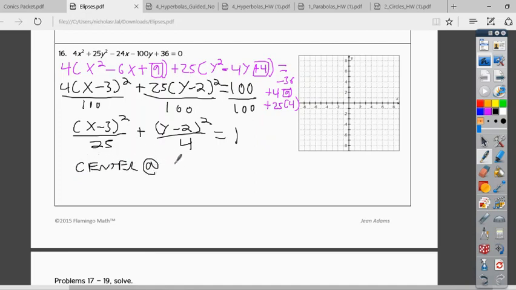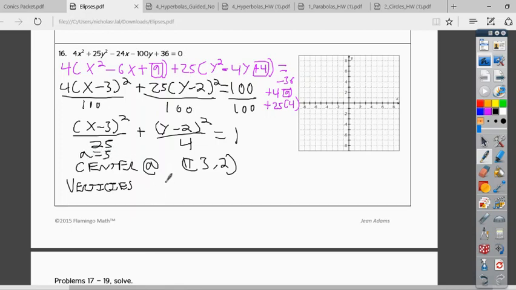Now I have a center at 3, 2. Our vertices are at, once again, a is equal to 5.